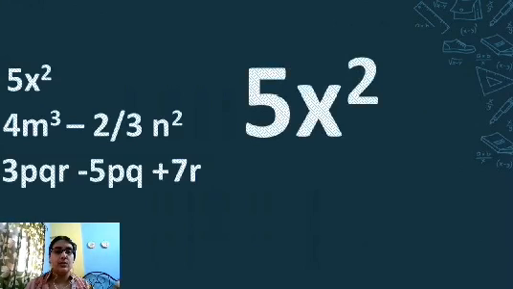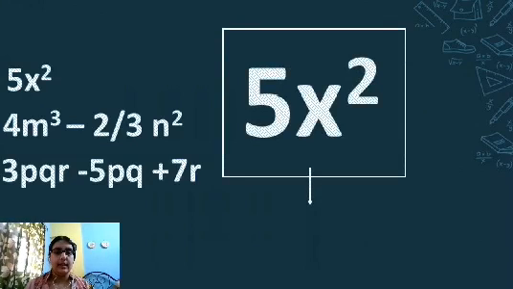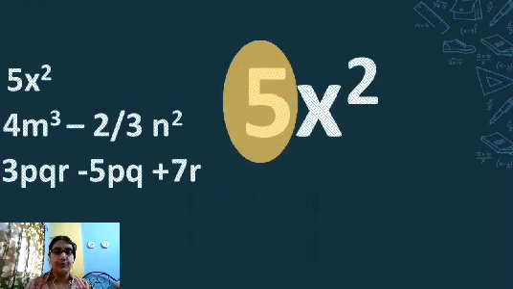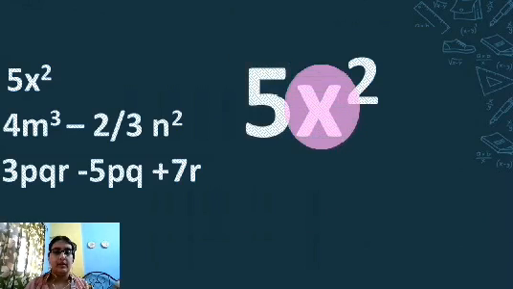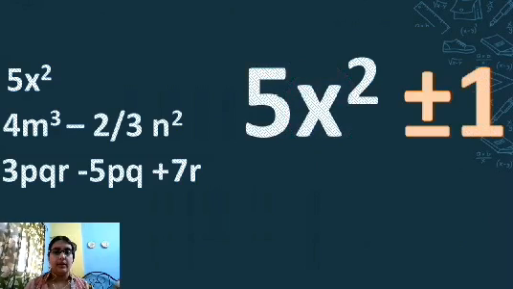First one, 5x squared. This entire 5x squared is called a term. It consists of a number and a literal. The number 5 over here is the coefficient. x is the variable.